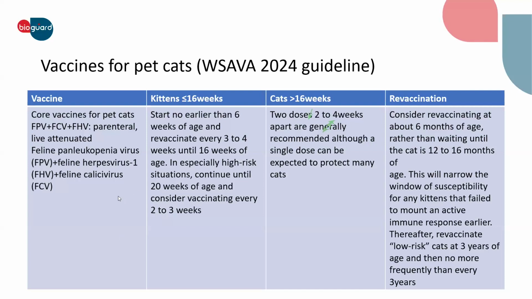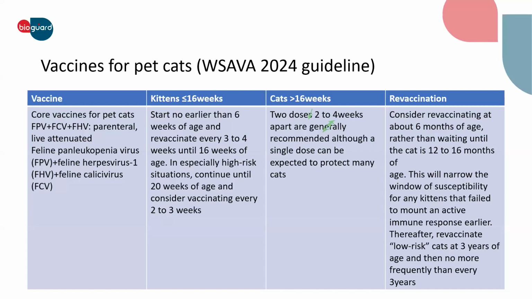If the kitten gets the first vaccination younger than 16 weeks, as we mentioned previously, start no earlier than 6 weeks of age and revaccinate every 3 to 4 weeks until 16 weeks of age. In especially high-risk situations, the vaccination should continue until 20 weeks of age, and also consider giving the vaccination every 2 to 3 weeks.